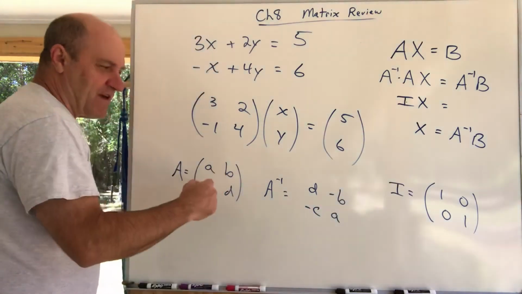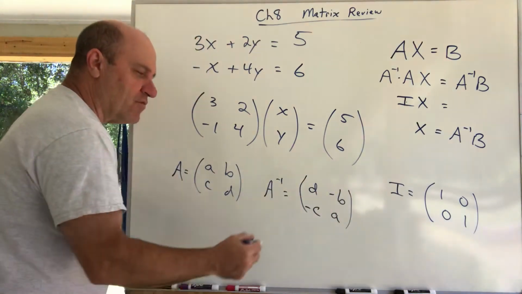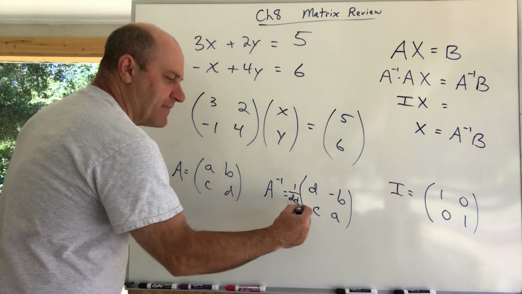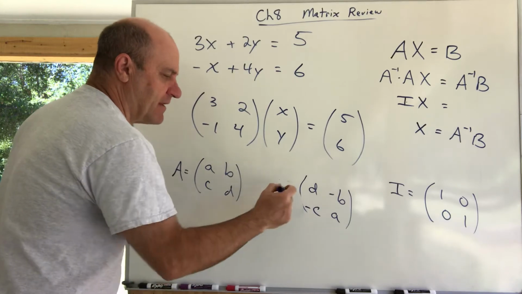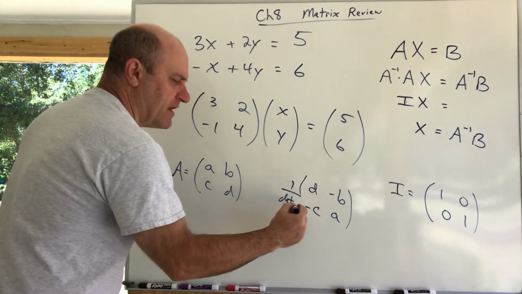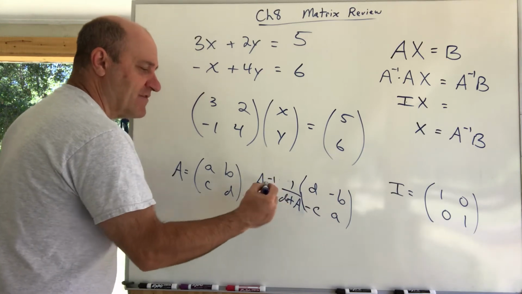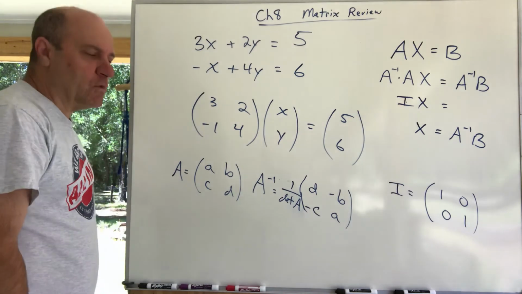You negate both of them. Switch the A and the D, and you multiply out front by 1 over the determinant of A. Sorry, let me clean that up a little bit for you. 1 over the determinant of A. So that's A inverse. That's a little special formula I learned for a 2 by 2.